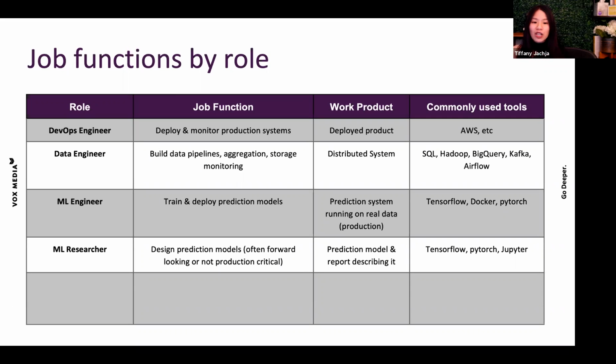And so the ML researcher here, they're typically a lot more invested into the machine learning space. So these are people with PhDs who are actively contributing to research in the space. They have good ideas about the theoreticals around designing prediction models, around how to measure performance given a particular data set.